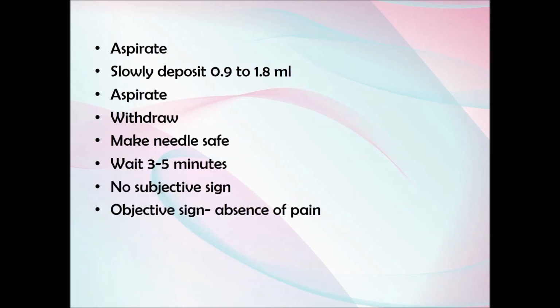Now moving on, what we need to do next is aspirate. This is one of the most important steps clinically. You will aspirate not once but twice. If the first time your aspiration is negative, you will rotate the needle a little bit and then aspirate again, and then you will start injecting the local anesthesia if the aspiration is negative.